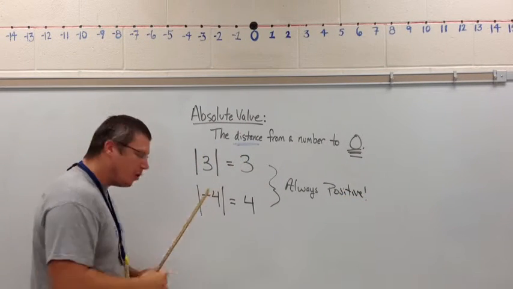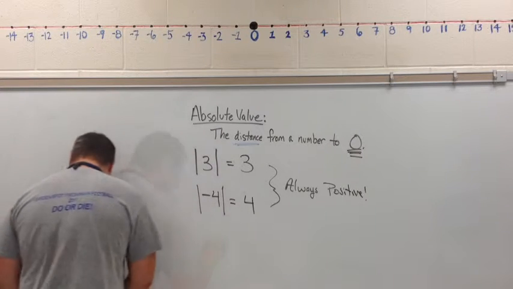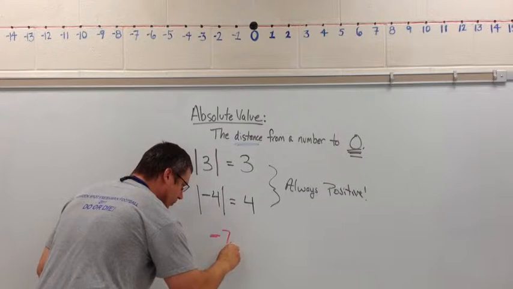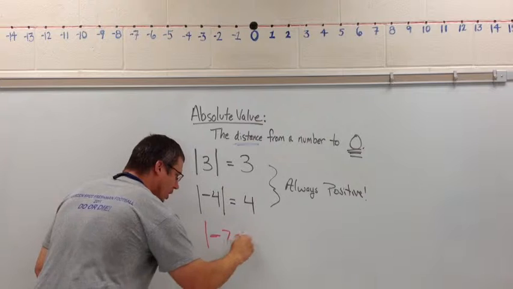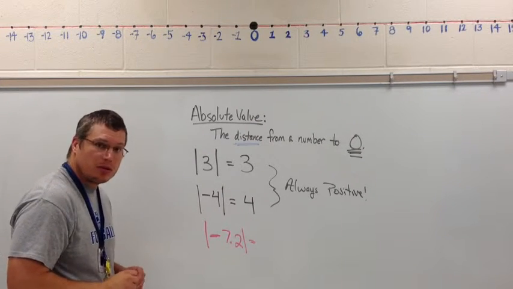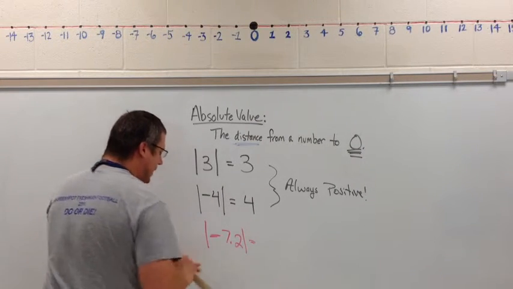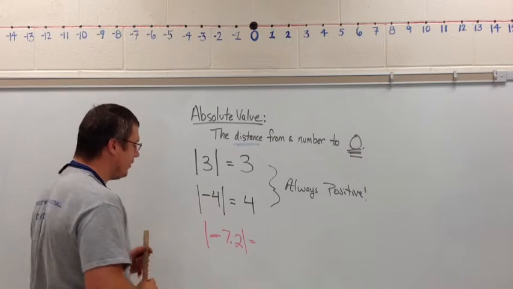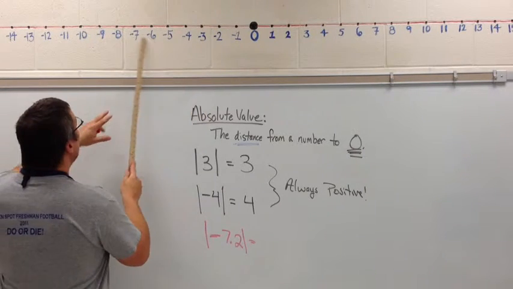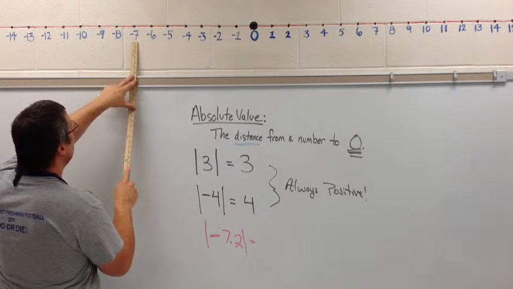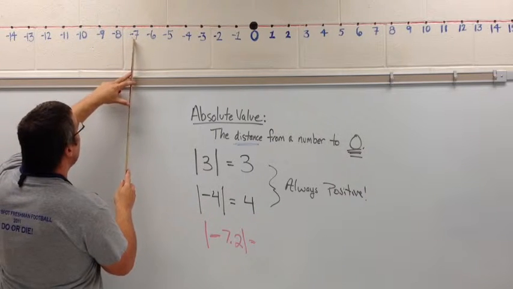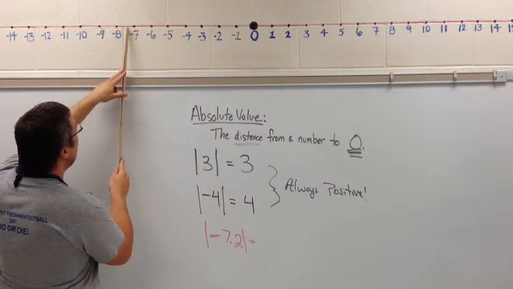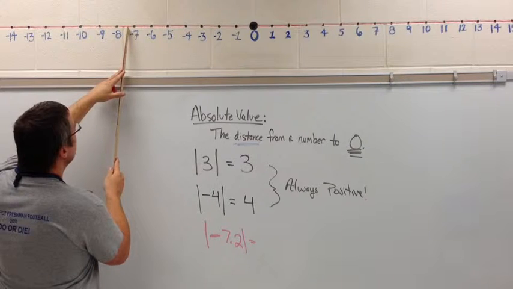I want to show you 2 more examples of problems you'll see. You may be asked about decimals. That's fine. -7.2. What's the absolute value of -7.2? Well, here's 7, -7. 0.2 would be a shade to the left, so this would be -7.2.